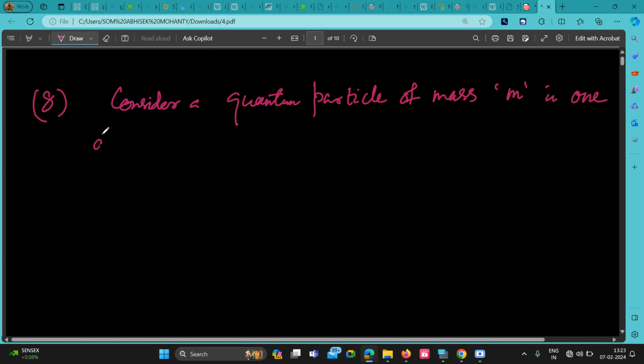Consider a quantum particle of mass m in one dimension in an infinite potential well.